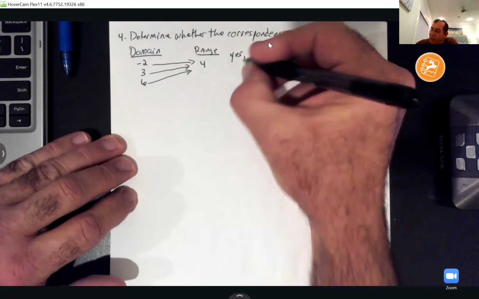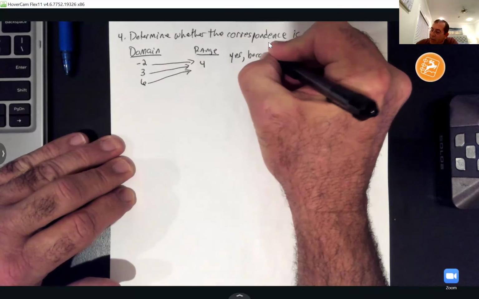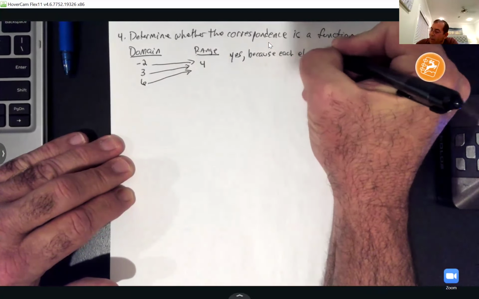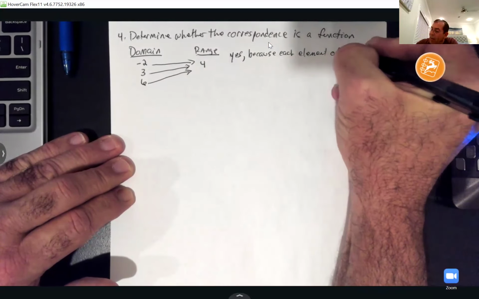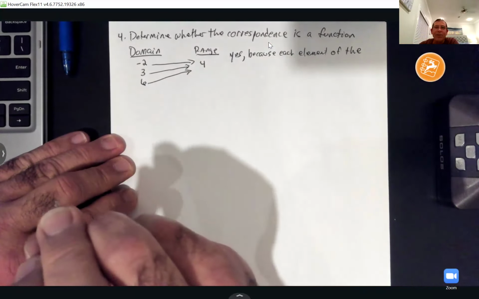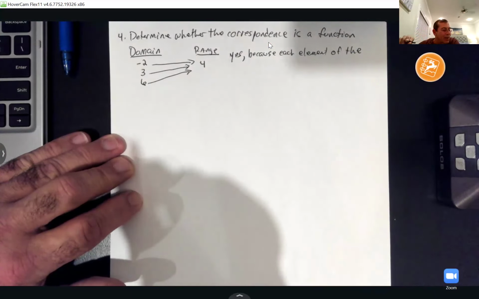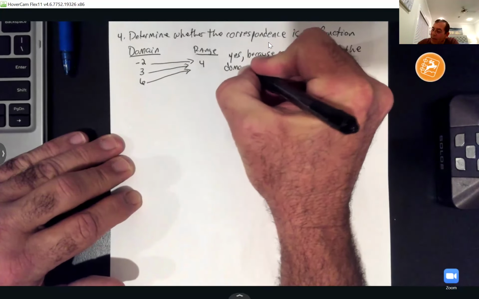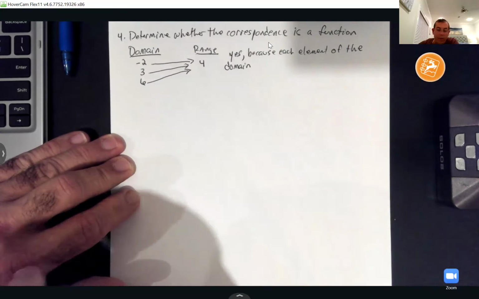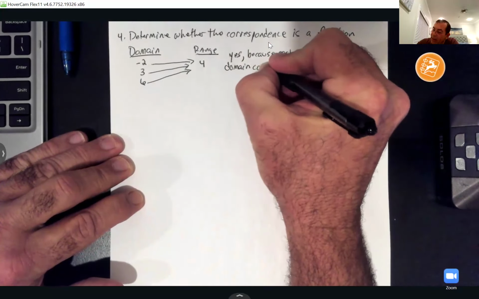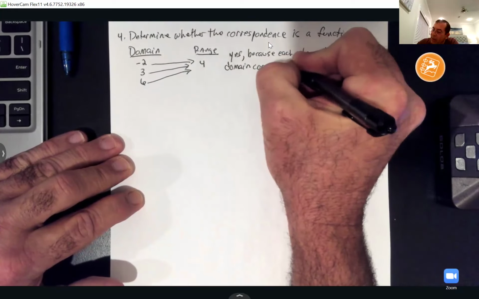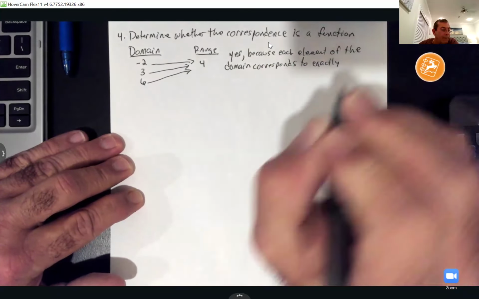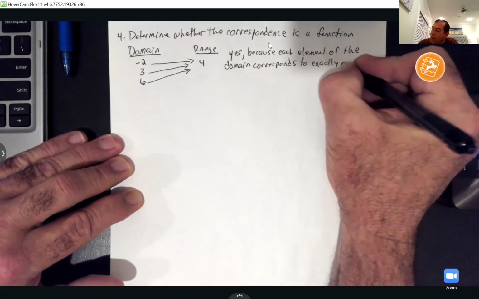And it's a function because each element of the domain corresponds to exactly one element in the range.